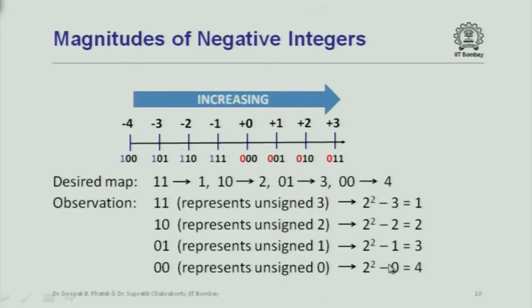Right? Now, where did this 2 square come from? This is really the largest magnitude that I will be able to represent, right? Because I will get this number, which is 1, 0, 0. This will be a negative number. As an unsigned integer, this will be 0, and then it's some power of 2 minus 0.